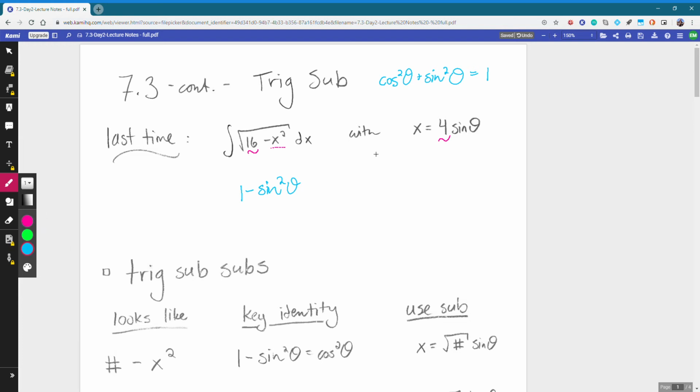At that point, we can use our identity and swap that out for cosine squared and continue on our way simplifying, hoping that we'll get to a point where we can integrate.